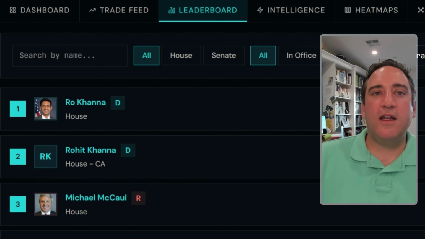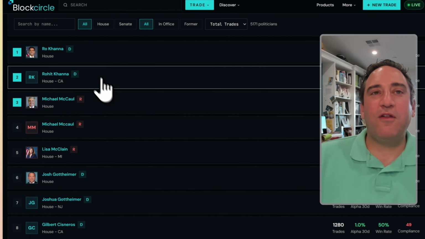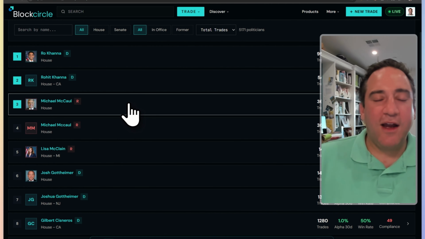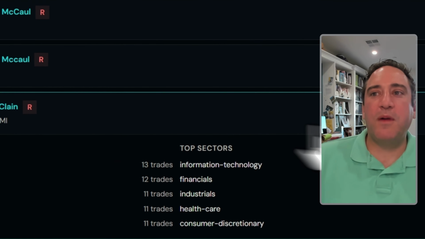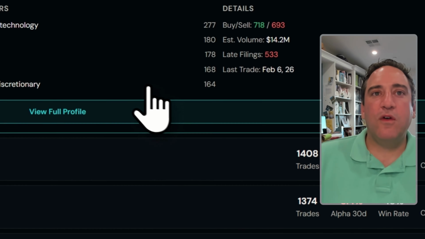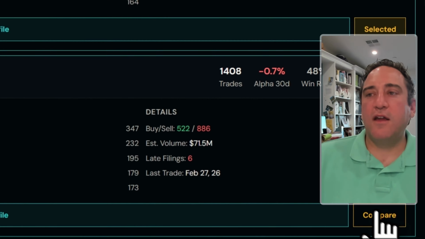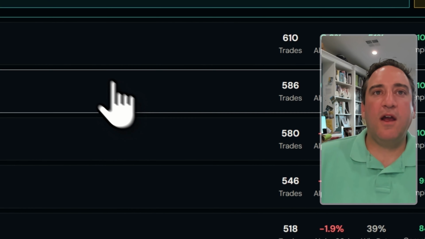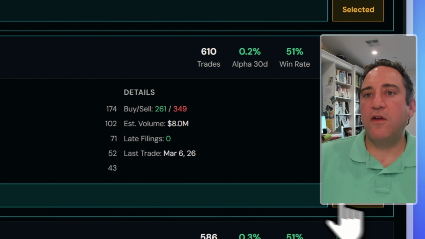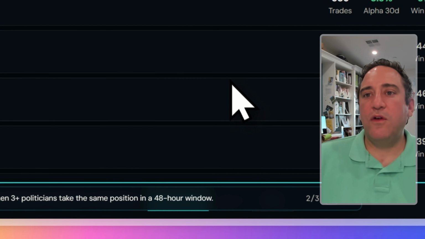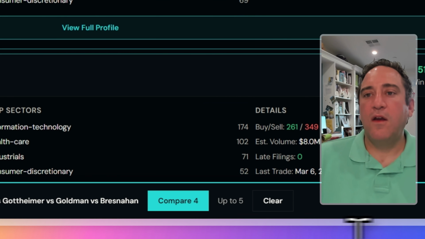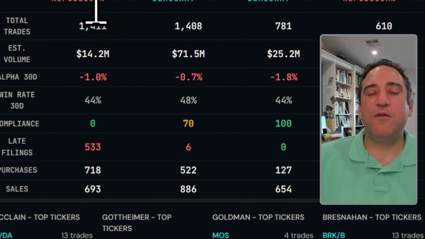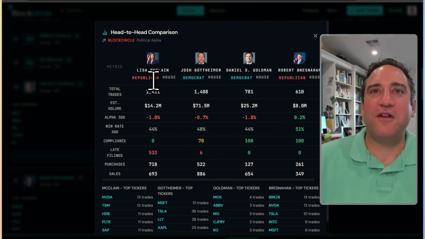So you can do a leaderboard. This is where it gets really fun. You can look at the top stack-ranked leaders and say, okay, I want to compare Lisa McLean to Josh Gottheimer, and I also want to compare them to Daniel Goldman and Robert. Then you click compare, and it'll almost do a fight card, head to head.